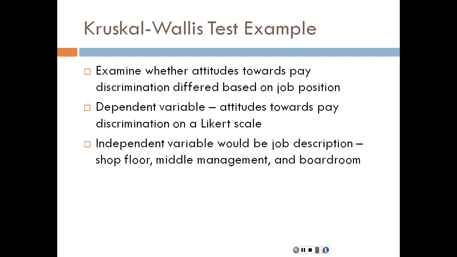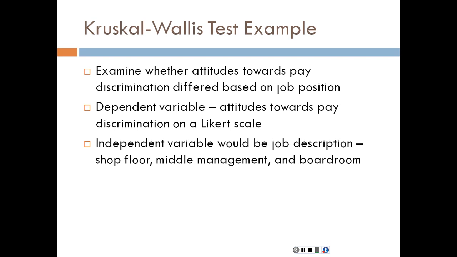Another example would be if we would like to understand whether attitudes towards pay discrimination, back to our example from earlier, measured on that ordinal scale, differ based on job position. So what if we had 3 groups?